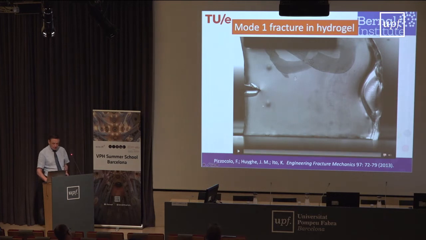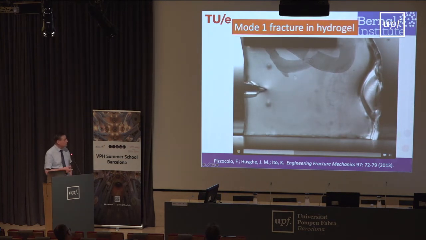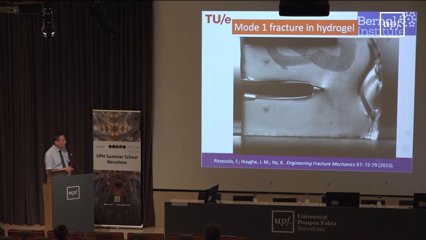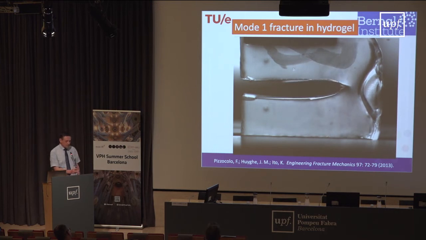So this is the gel. You see the initiating crack here, and we're moving apart the jaws, and you see that it progressively propagates. We hope it to be a one-dimensional phenomenon, but you see how it is a very complex thing happening at the crack tip, and you should think that similar things happen in the disc and in cartilage.